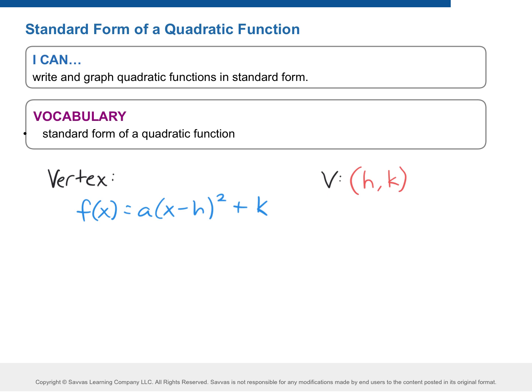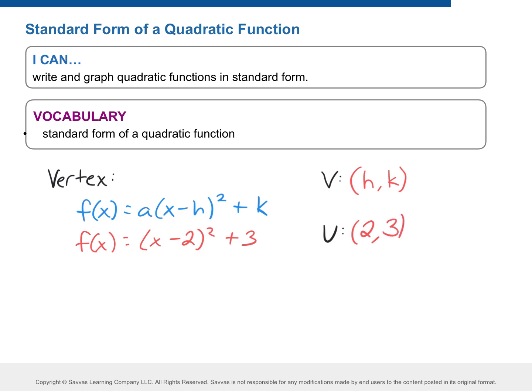So an example, if I had f of x equals x minus 2 squared plus 3, what would my vertex be there? If I take it out, what's the h value? Negative 2. Careful. The h value is just 2. What's the k? 3.